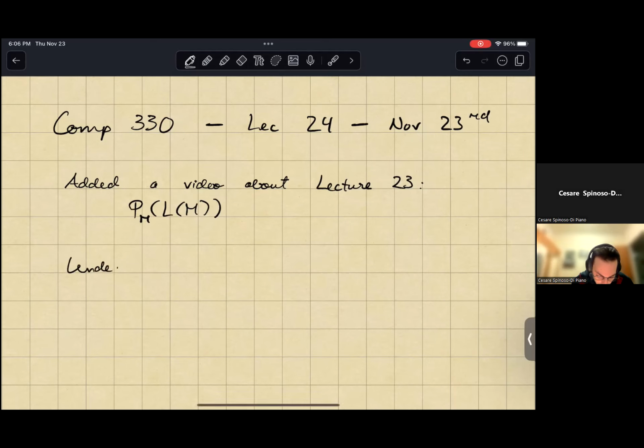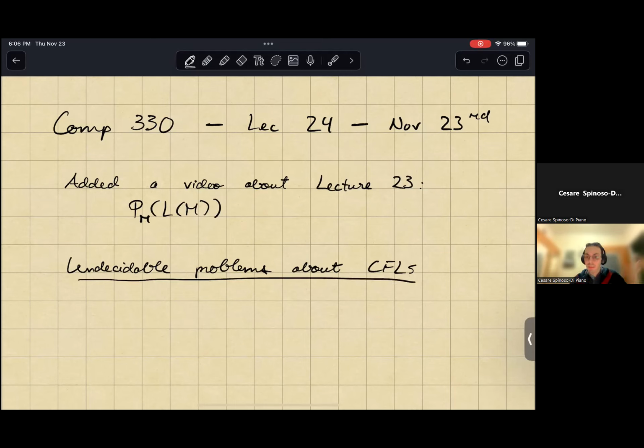The topic for today, where I will tie this extra note back, is undecidable problems about context-free languages. I can immediately refer back to this note, because if I say I have an undecidable or decidable decision problem about a context-free language, I'm asking a question about a context-free language.